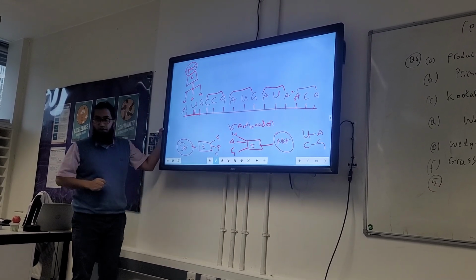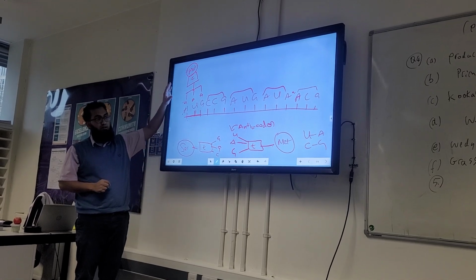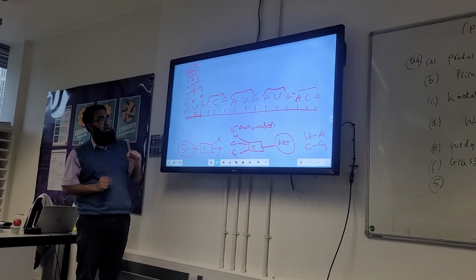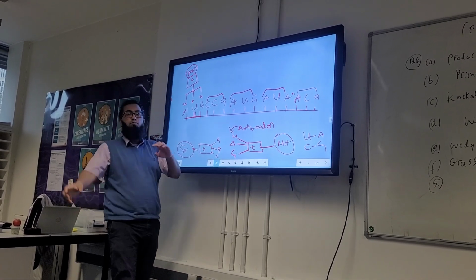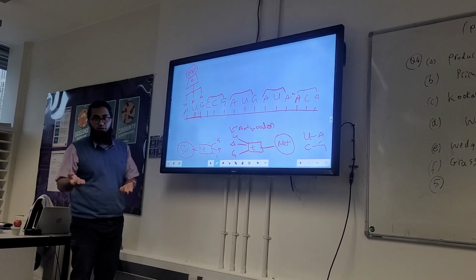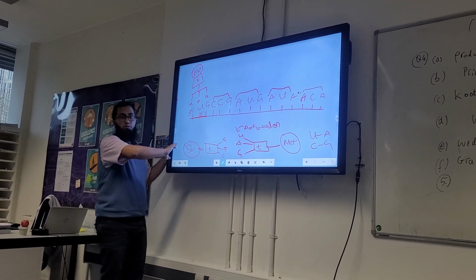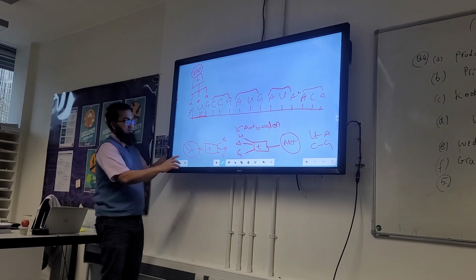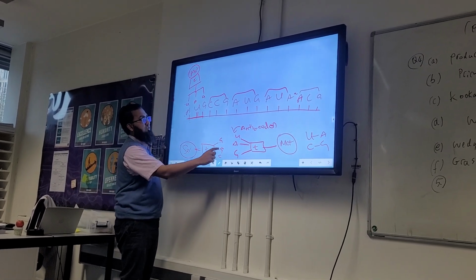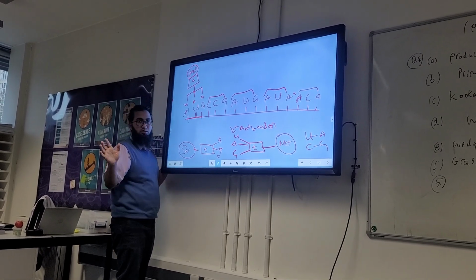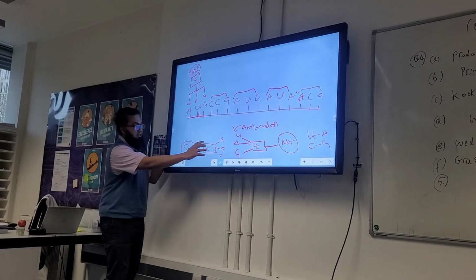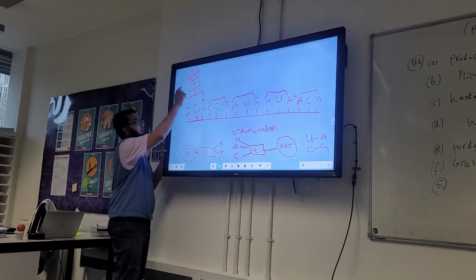Job done, the amino acid has been brought. Then I know that I have more amino acids to bring. So for the next codon, CCG, you have so many amino acids. This one, GGC, is complementary. You have other ones which are not complementary. So this one comes all the way here.